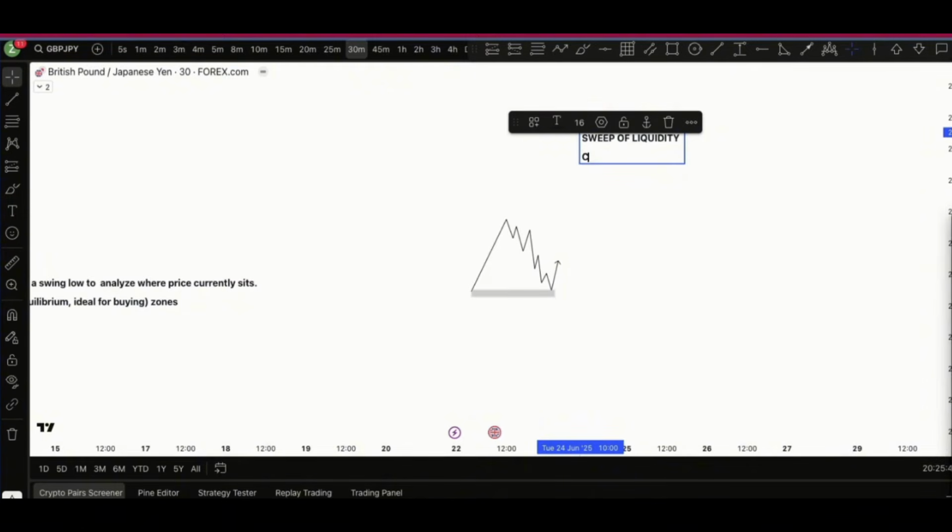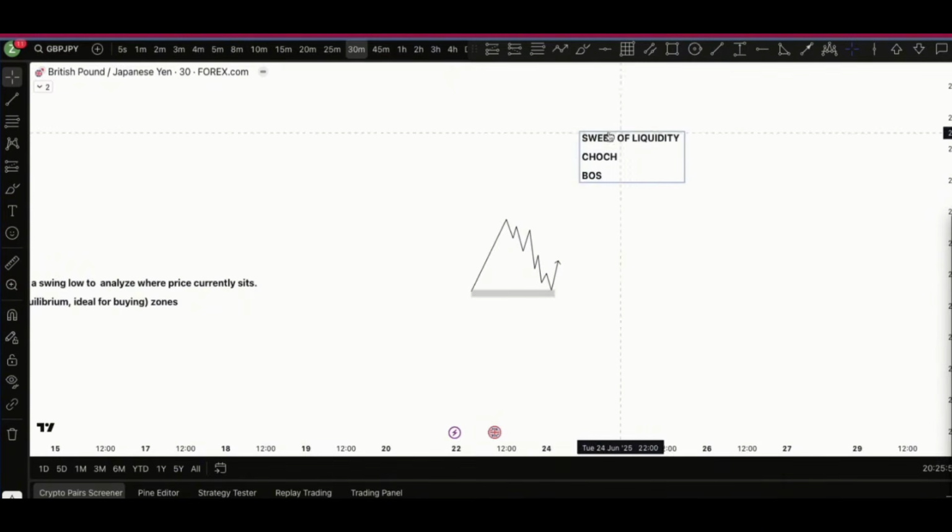Then you must get a change of character, and then you must get a break of structure. So these three things confirm a swing high or a swing low.